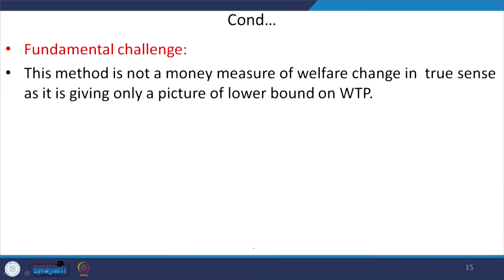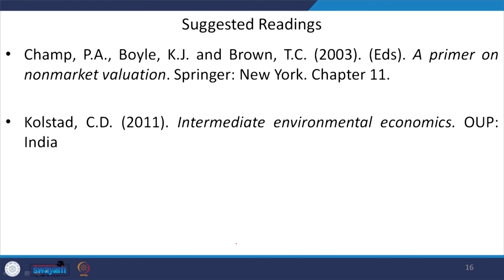And moreover, we are also facing some fundamental challenges. This method is not a money measure of welfare change. That means, in a true sense, we cannot express this in terms of willingness to pay. If you relate willingness to pay with the cost of illness approach, then we are actually finding a lower bound, or lower limit, on the willingness to pay.